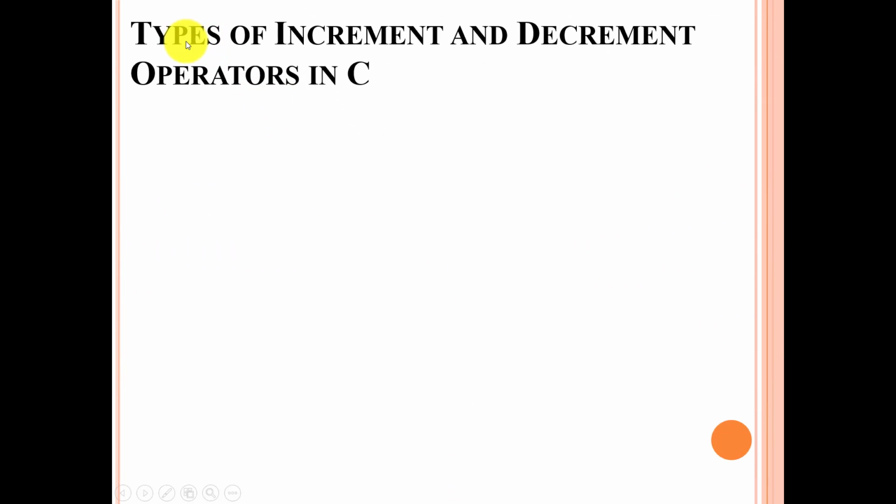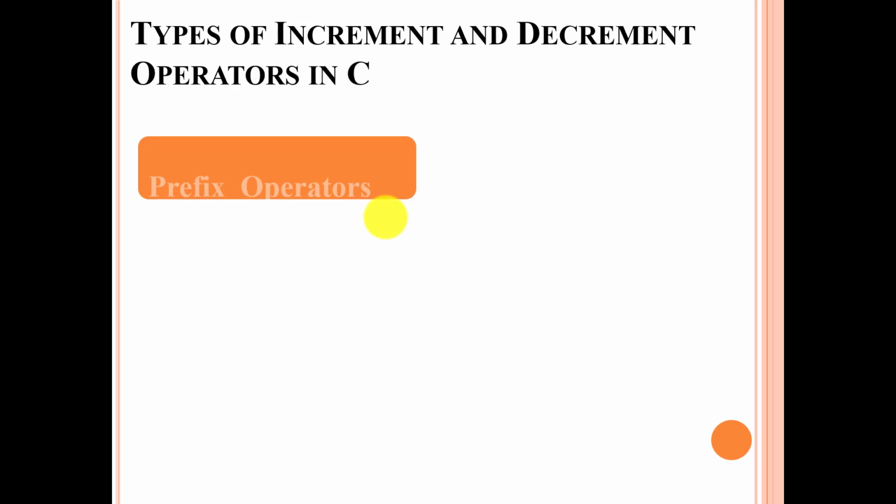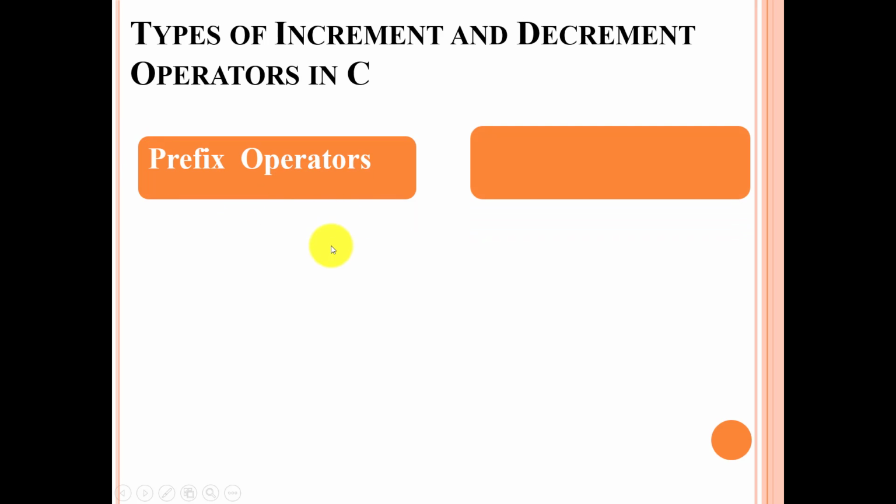Now let's understand the types of increment and decrement operators in C. There are basically two types: prefix operator and postfix operator. These are the two categories of increment and decrement.